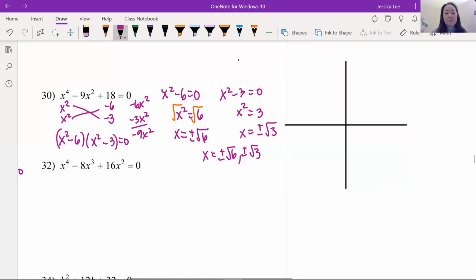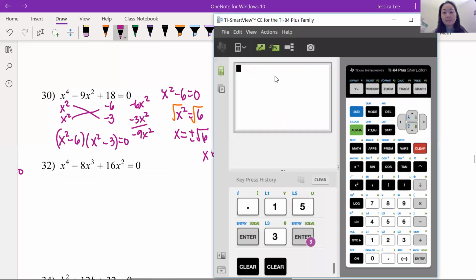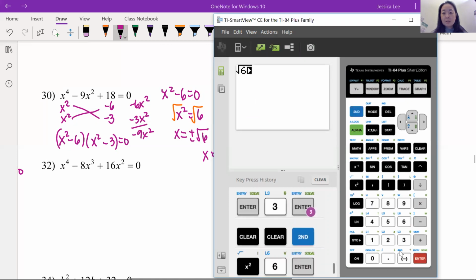Okie dokie. So now, where is the square root of 6? I know it's going to be on the right, positive, but where exactly is that? It's going to be less than 3, because 3 times 3 is 9. So we're going to take our calculator. Square root of 6 is about 2.4.